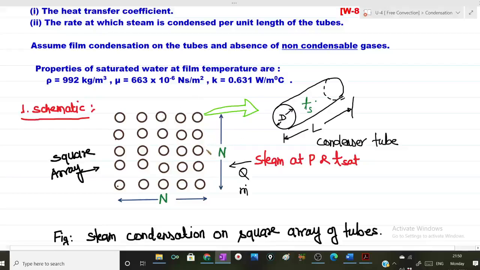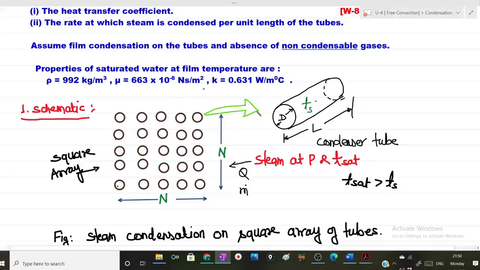This condenser in the form of a square array of tubes is exposed to the turbine from which steam is coming at a pressure of P and saturation temperature T saturated. So let us say that the saturation temperature of steam is more than the surface temperature of the tube.